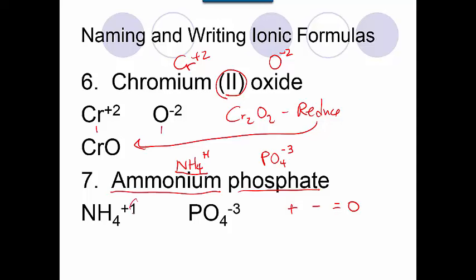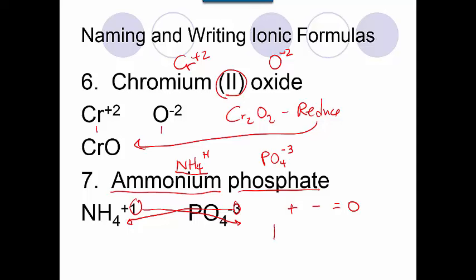So again, your charges are going to have to drop down behind the opposite. That crisscrossing is still going to happen. But this is where we may need to have some parentheses. Remember, in the rules it said parentheses were only going to be used if we had a polyatomic ion and if we had to put a number behind the polyatomic ion.